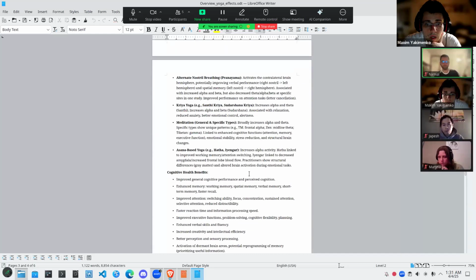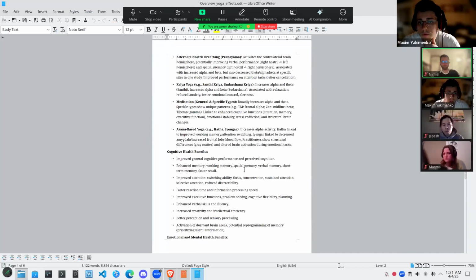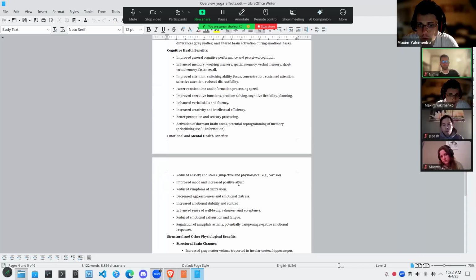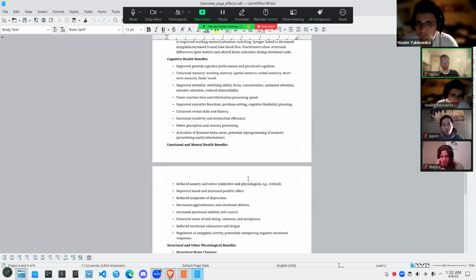There it is. So if you're looking for a specific list of cognitive and emotional benefits, here's a list for you. You can look at it, you can see the same thing I've already said, but in more specific terminology.